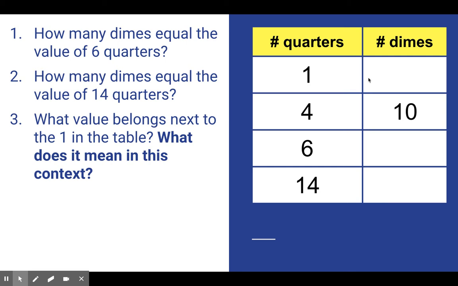So that's how I found my unit rate, or my constant of proportionality. So once again, that 2.5 means that 2.5 dimes are worth the same amount as a single quarter.